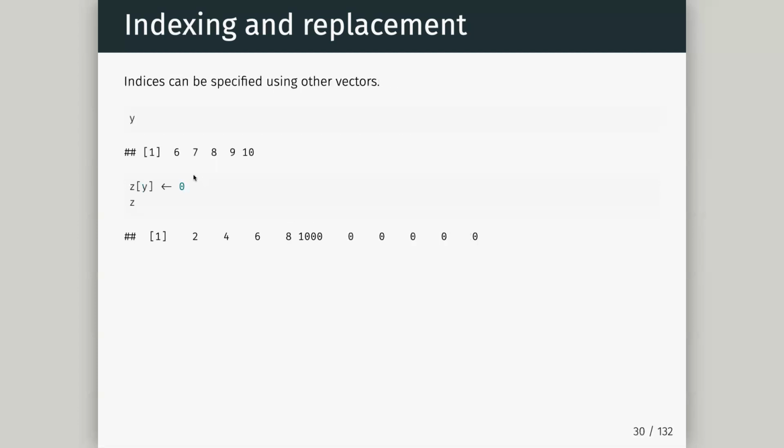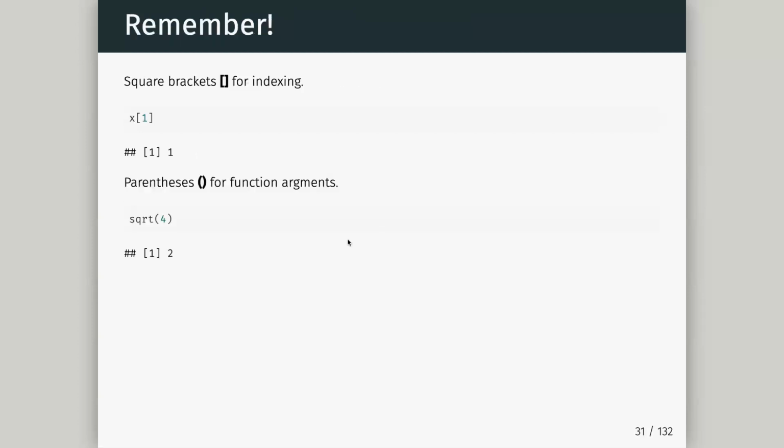I can use this y to say I want to replace the 6th, 7th, 8th, 9th, 10th position from my vector z with 0. So it's going to go 1, 2, 3, 4, 5, I've already replaced by 1000, then 6, 7, 8, 9, 10, all of those now replaced with 0. Just to hammer it home: square brackets for indexing, parentheses for functions.